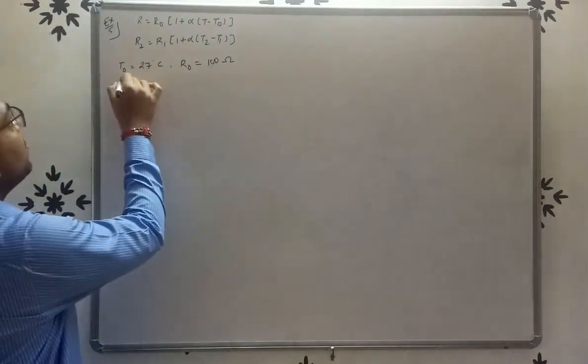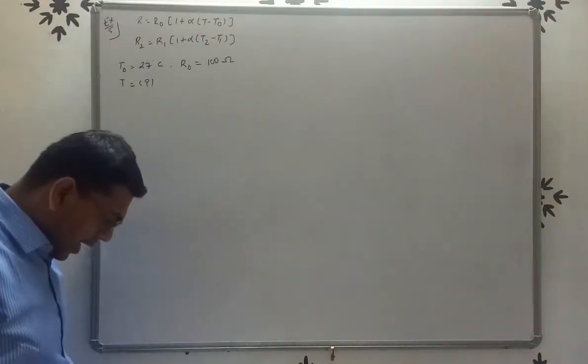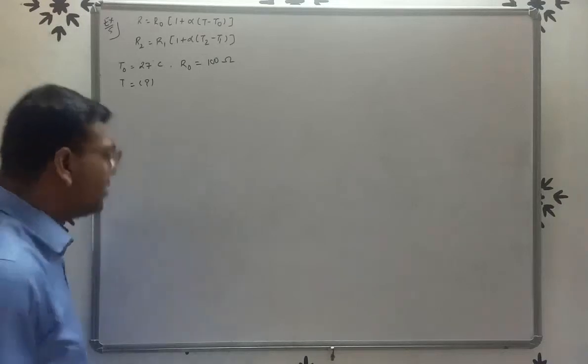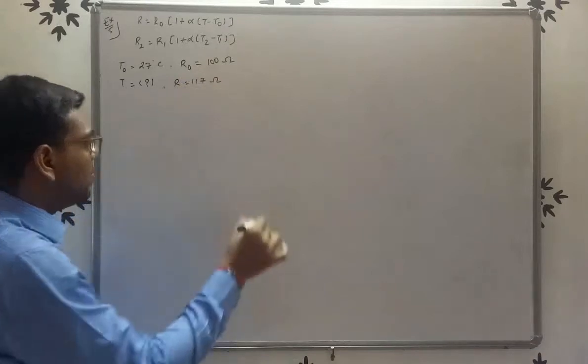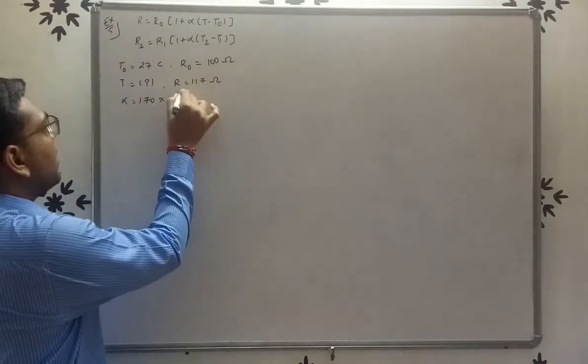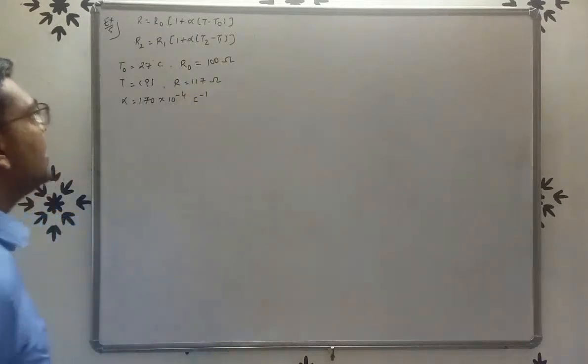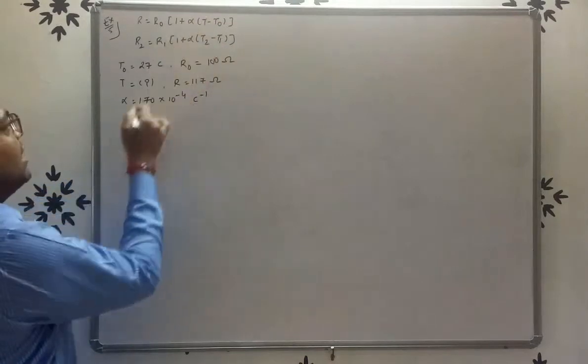So we have to find out the temperature T. If the resistance is found to be 117 ohm, so R is equal to 117 ohm. Here alpha is given as 1.70 into 10 raised to minus 4 degrees Celsius inverse. Right. So here in this example, we know the values of T0, R0, R, alpha. So we have to find out T.